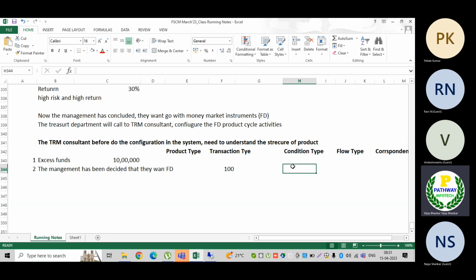As I mentioned, if I want to calculate the interest, I have already explained the condition. To calculate the nominal interest, a condition type is required. Without a condition type, I cannot calculate.